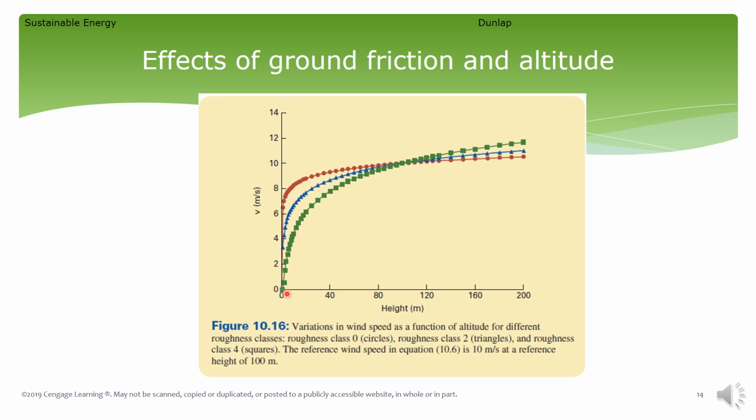But in all cases, when altitude increases, wind speed also increases. So as you can see here, the wind speed is greatly affected by ground friction and altitude.